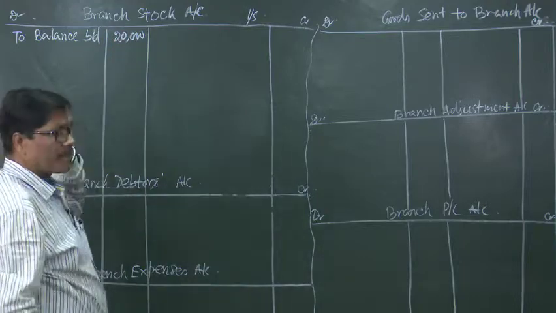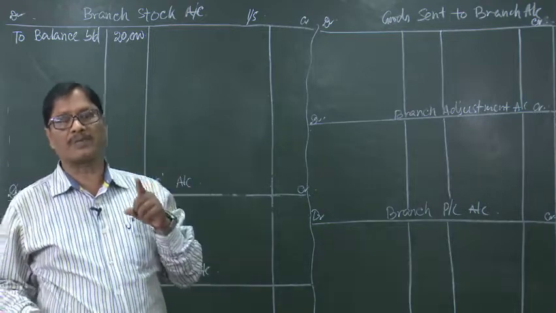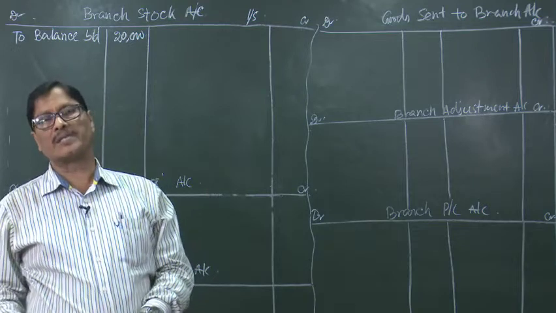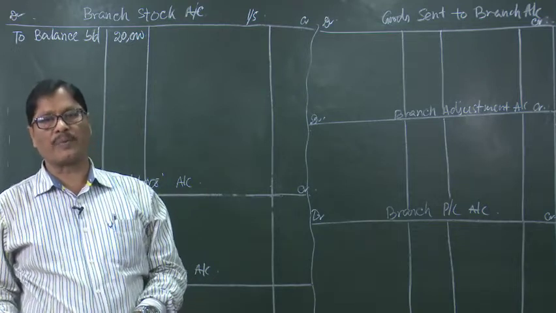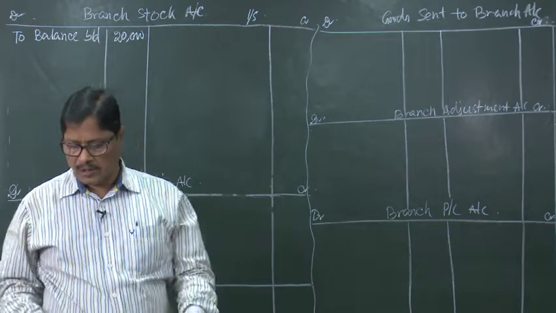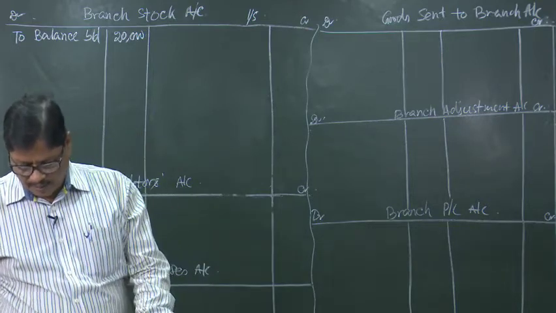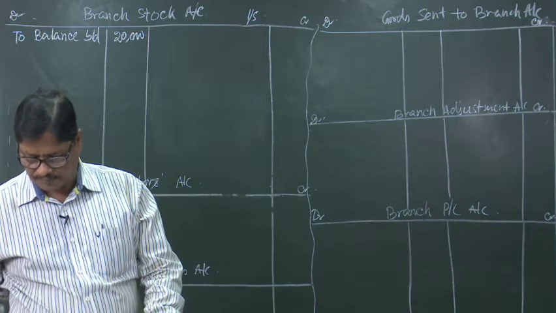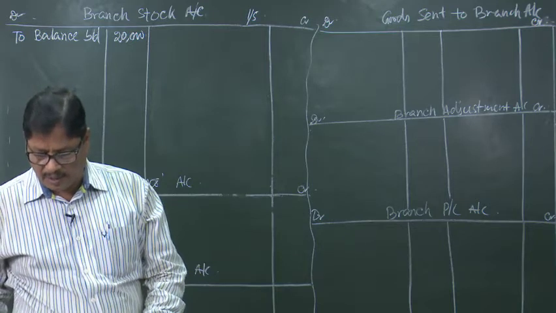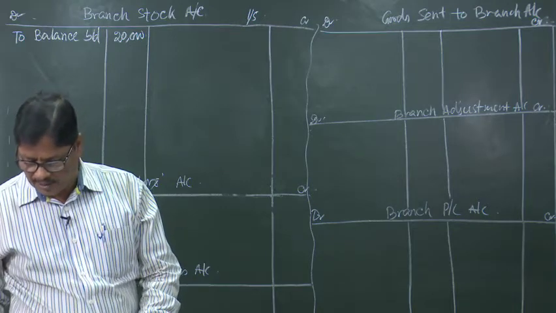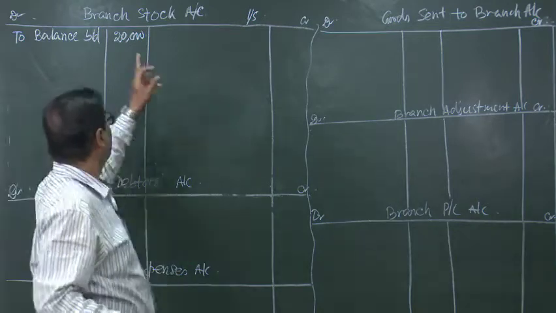Once you have written 20,000, 1/5 of that will have to be removed by passing one entry, that is opening stock reserve account debited to branch adjustment account. So, branch adjustment account will be debited to opening stock reserve, I am sorry, that 20,000 against that, here is 20,000.